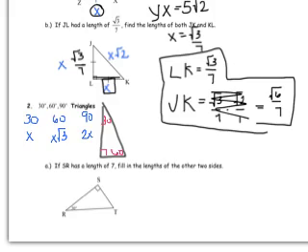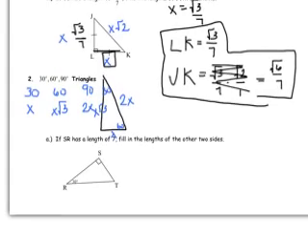So let me label my triangle. Across the 30 is x, across the 60 is x root 3, and across the 90 is 2x. So that's how I'm going to label these triangles.